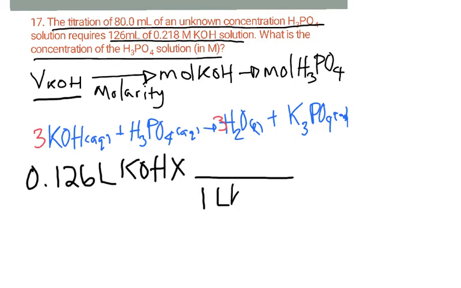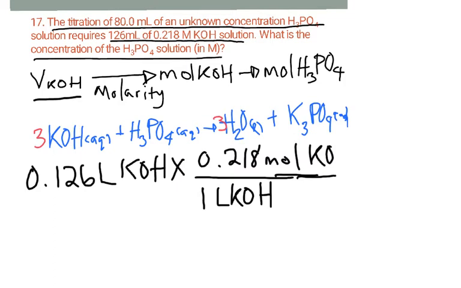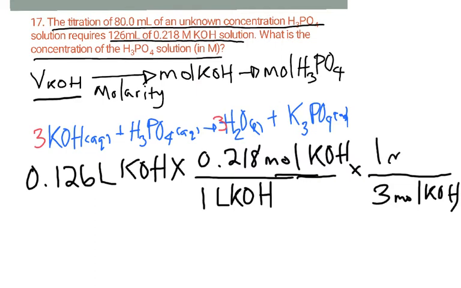For every 1 liter of potassium hydroxide solution, there's 0.218 moles of potassium hydroxide. For every 3 moles of potassium hydroxide, there's 1 mole of phosphoric acid.